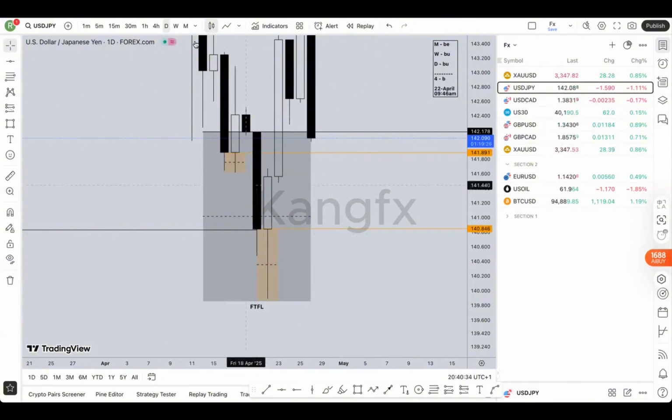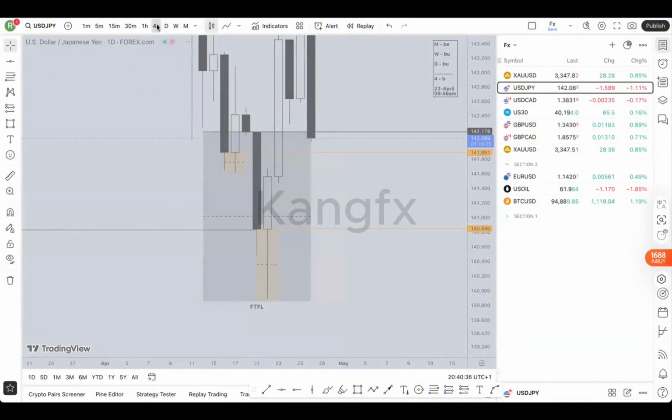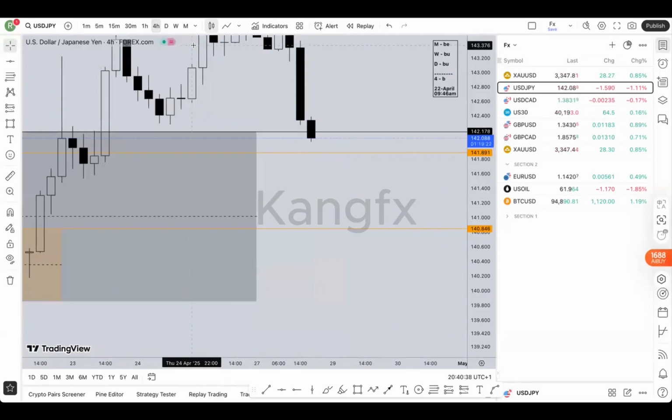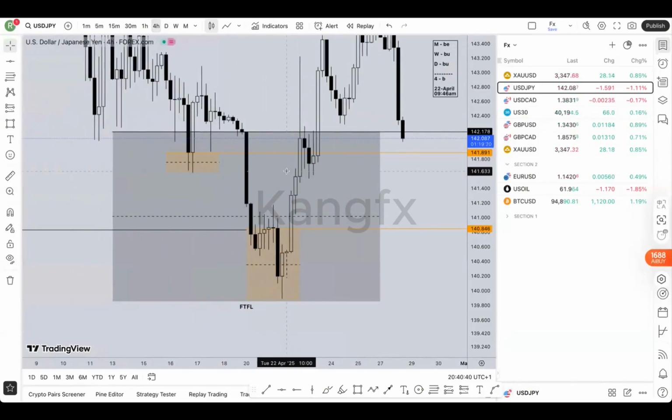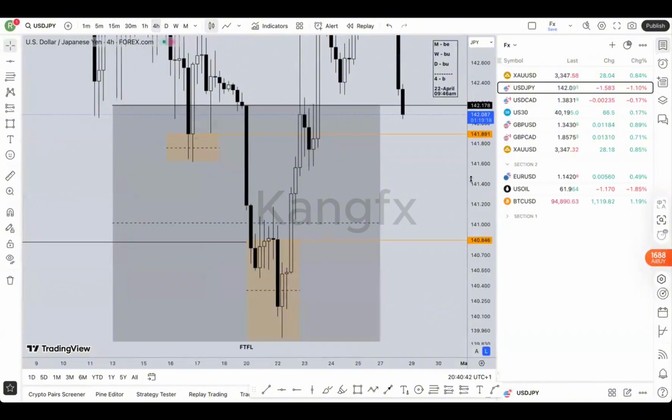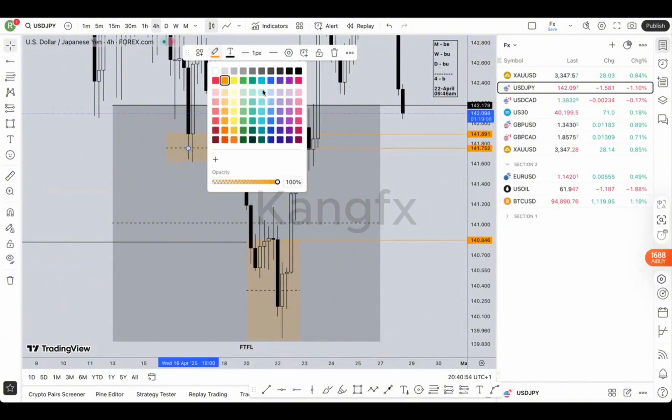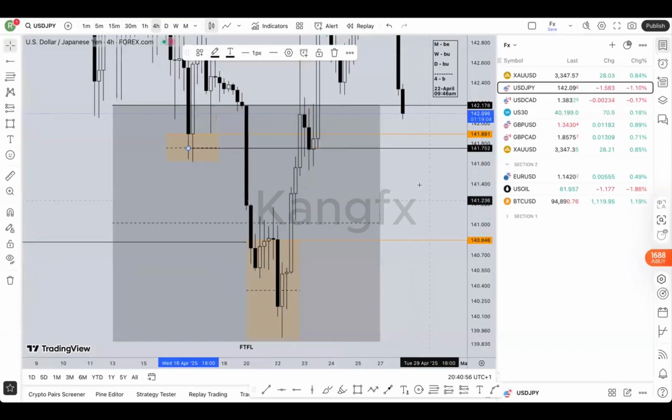So if I mark here and go down, because I'm coming from weekly and I'm not waiting for confirmation, getting here, you see that there is no key level inside here, no support, no resistance, but we have equilibrium. So I'm going to use that equilibrium there. Keep it at that place. Let's change this to black. That's the one I'm going to use. Equilibrium. We have equilibrium here. I'll use that.